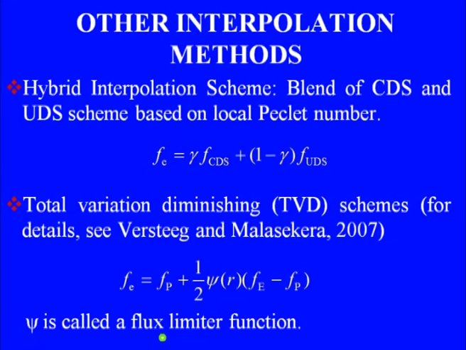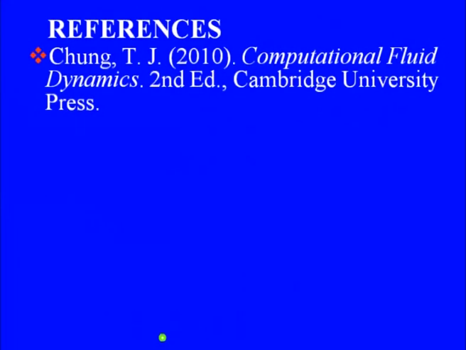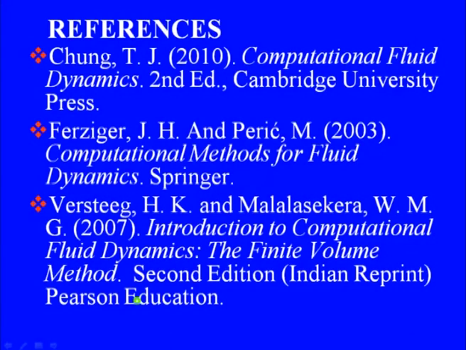There are many other interpolation schemes available in the literature, and for details please have a look at the book by Chung on computational fluid dynamics, Ferziger and Peric's book, and you can also have a look at the book by Versteeg and Malalasekera, which gives a pretty detailed introduction to TVD and ENO, that is essentially non-oscillatory schemes.